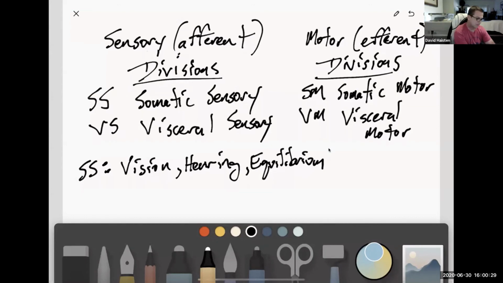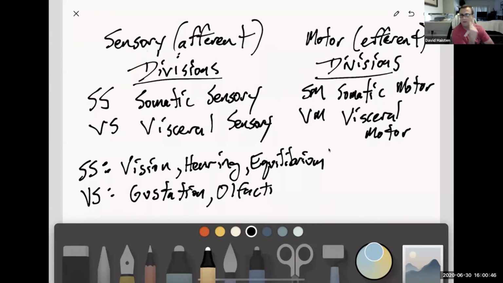What's considered VS, visceral sensory, would be gustation, which is a fancy word for taste, gustatory delights, and olfaction, smelling things. Okay. All right, so somatic motor is straightforward.